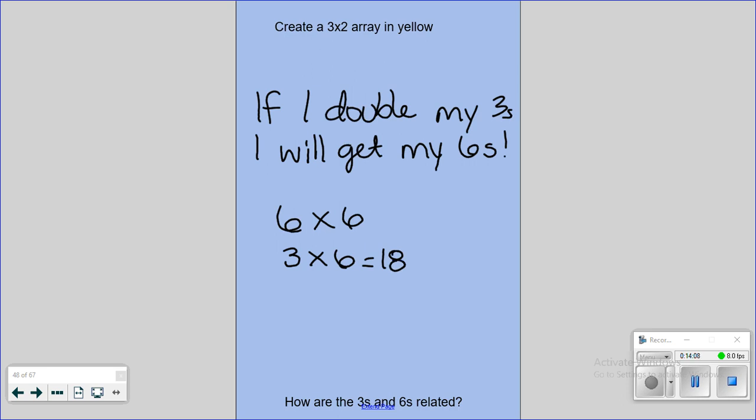That announcement's not particularly helpful, though. How do I use this fact to help me get to 6s? Because I'm not actually trying to figure out 3 times 6. I want to figure out 6 times 6.